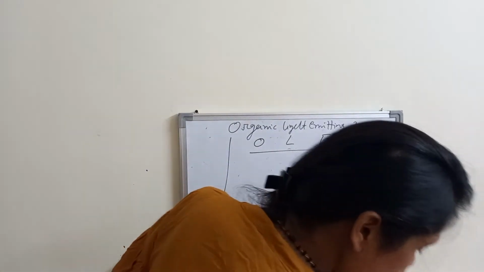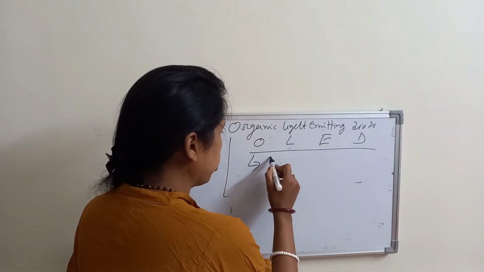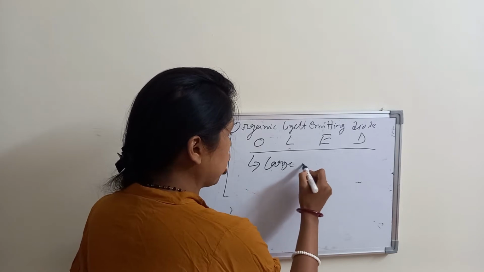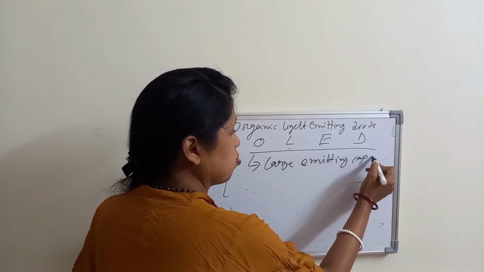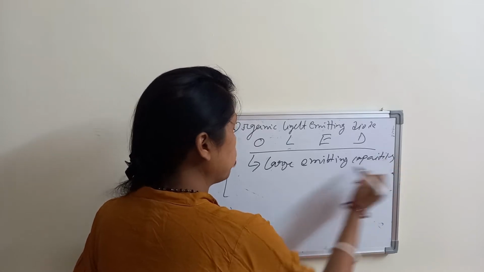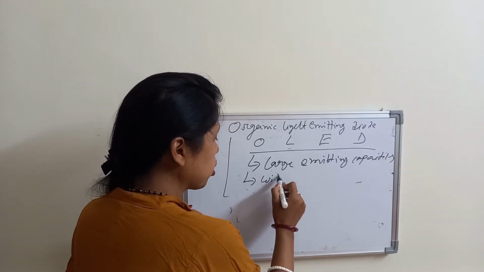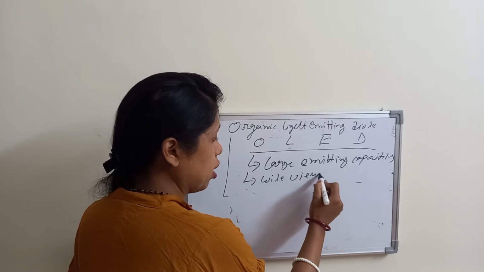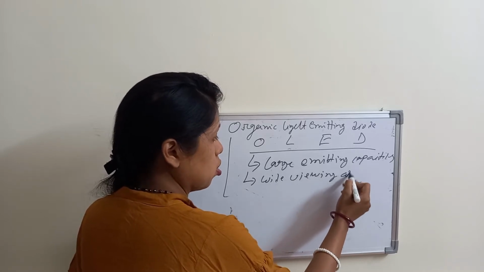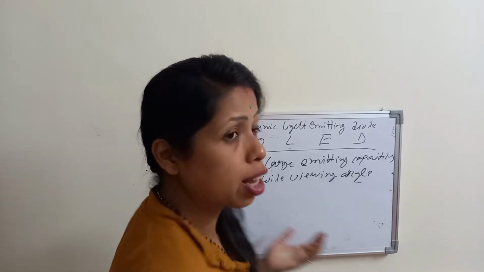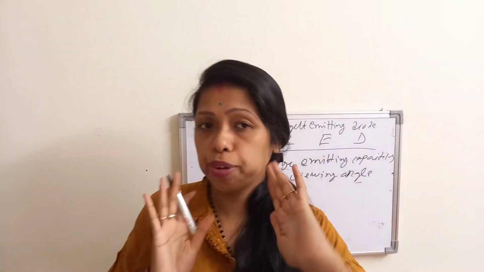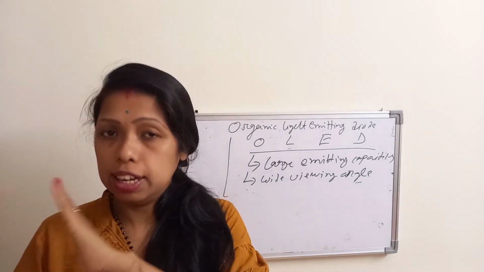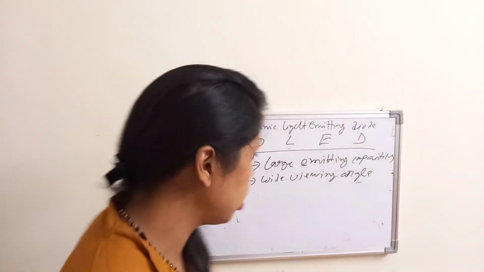Okay, so it has large light emitting capability, okay, and wide viewing angle. Wide viewing angle means if we design the organic light emitting device, we can view it from different angles. Okay, that is the wide viewing angle.